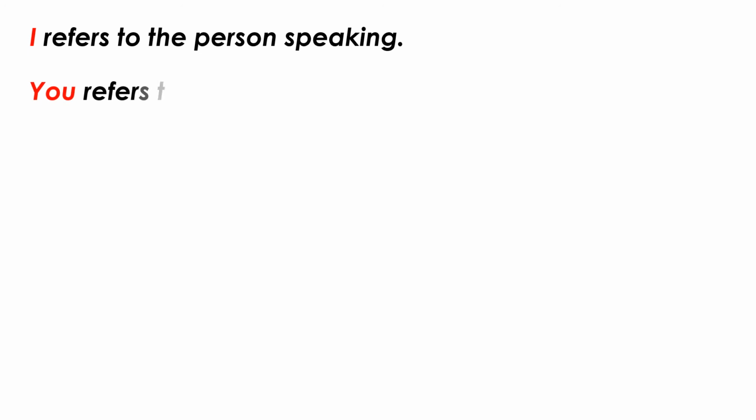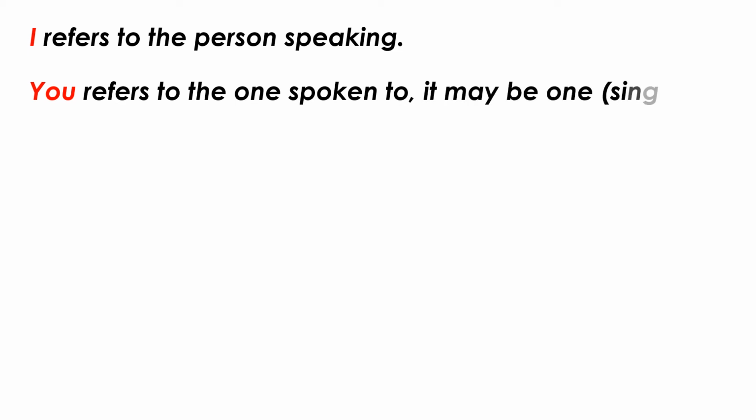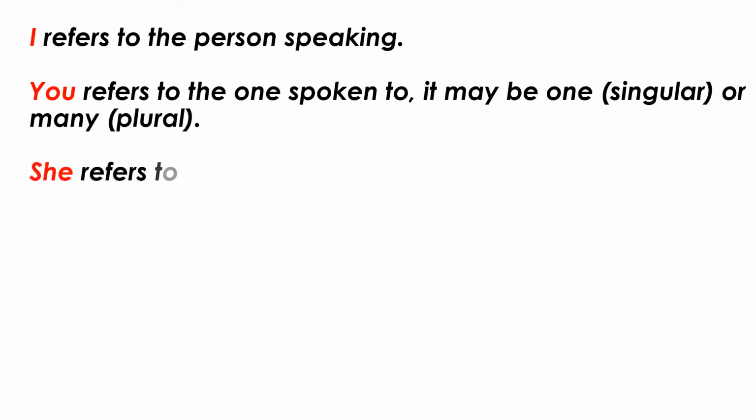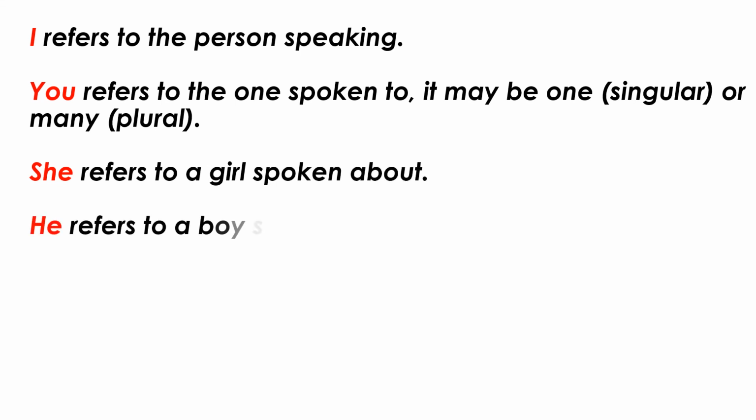I refers to the person who is speaking. You refers to the one who is spoken to. It may be one, or singular, or many, or plural. She refers to a girl who is spoken about. He refers to a boy who is spoken about.